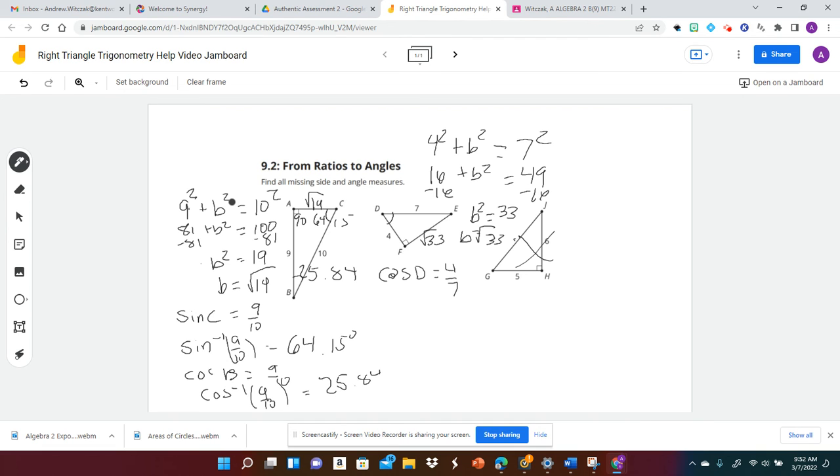So if I want to find what D is, I can do the inverse cosine of 4 over 7. And that gives me 55.15.